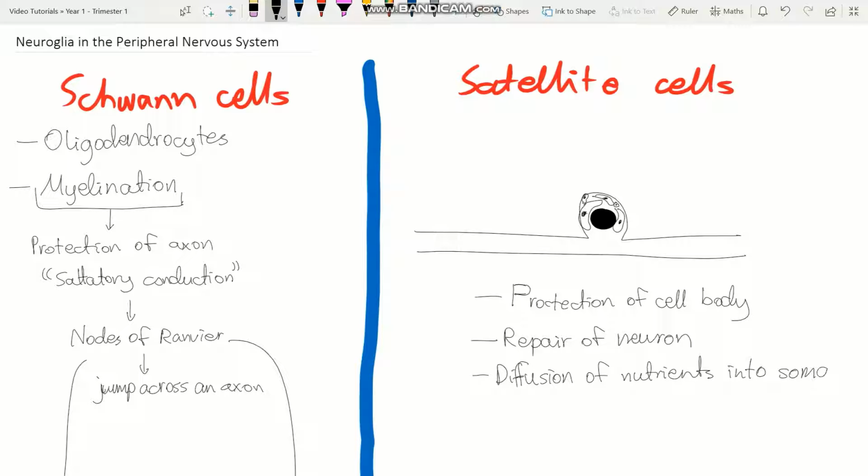So similar to astrocytes in the central nervous system in their ability to regulate which nutrients are able to pass into the cell, satellite cells are able to do the same thing.